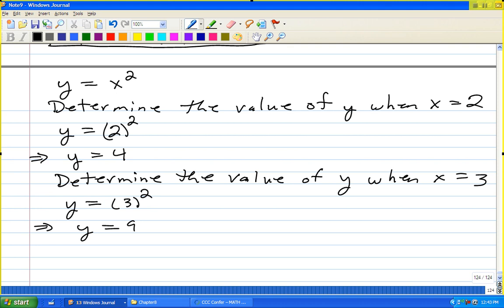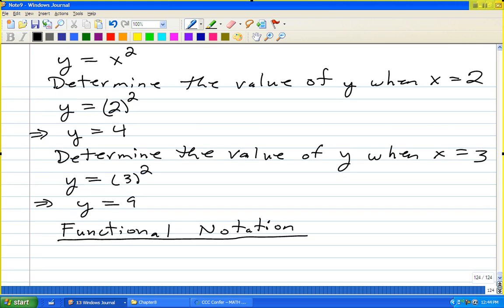And so suppose I give you this functional notation, which will just be a shorthand for what we've done above. Instead of saying y, I give it a name, f. And so instead of saying y, I'll say f of x is x squared.